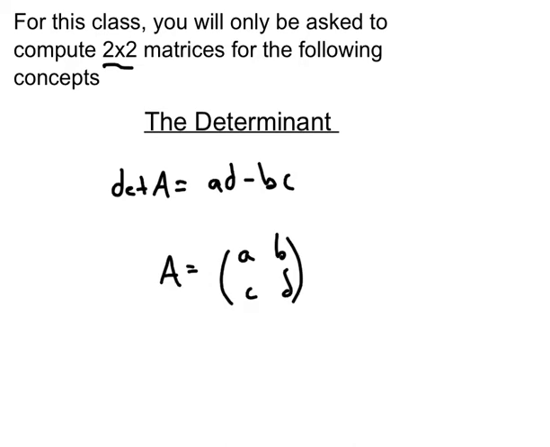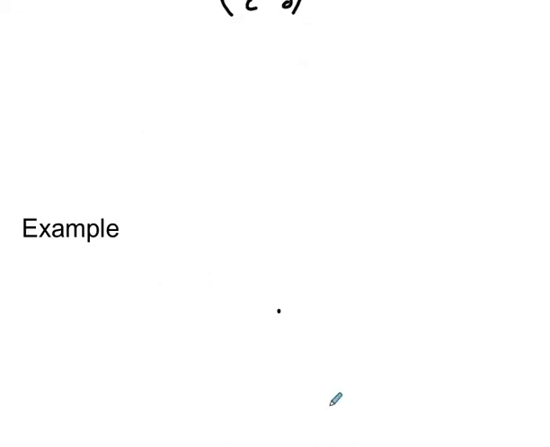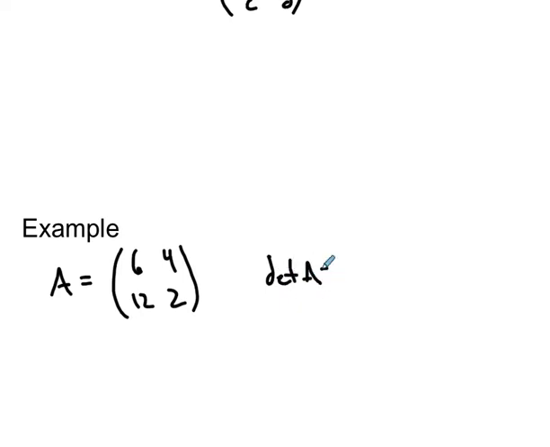So if I were to give you an example of how to really compute something like this, let's say that matrix A is equal to 6, 4, 12, and 2. That means that the determinant of matrix A will be equal to A times D, right? The formula stays the same no matter what we're doing. So A times D minus B times C, so 6 times 2 minus 4 times 12.